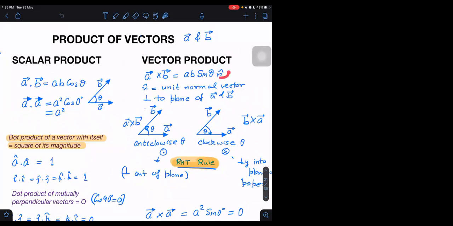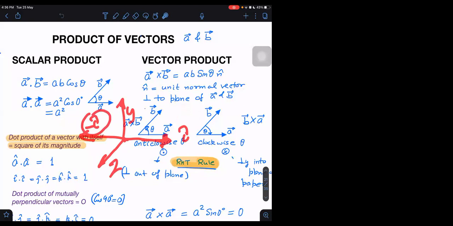What was the problem with just taking the normal vector only and not taking the right hand thumb rule? If I don't take any other rule, if I just remember the normal vector only, then there's a problem. There can be two perpendiculars to a plane. How many perpendiculars can we draw to the YZ plane? We can draw two perpendiculars, either along I cap or along minus I cap.